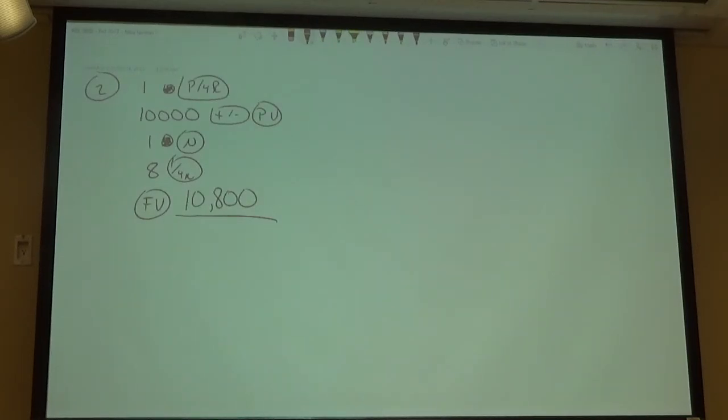The second one is quarterly, and everything else is basically the same, except the answer is going to be different. And then the third option, monthly.